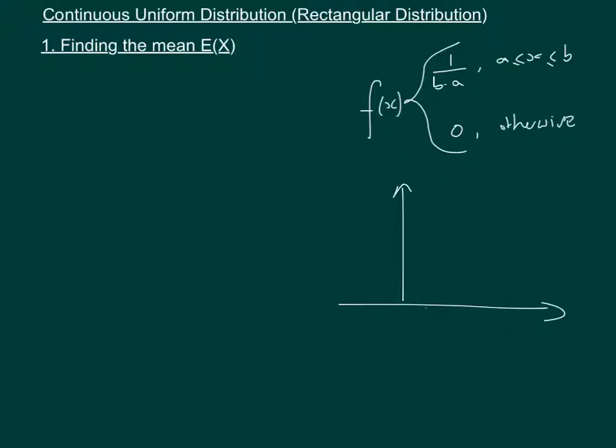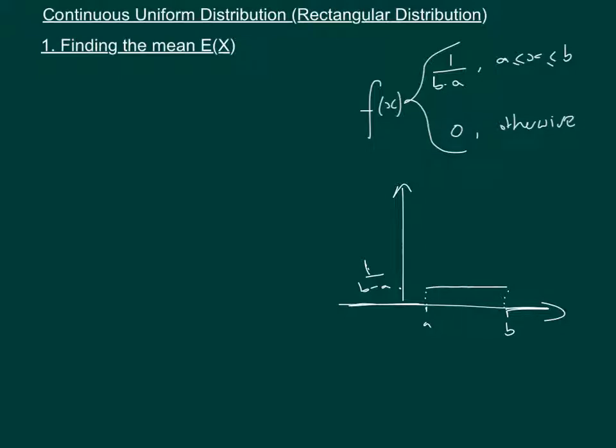Obviously it's going to be rectangular shaped, so it's just going to be a straight line between a and b, and it's 0 otherwise at a height of 1 over b minus a.